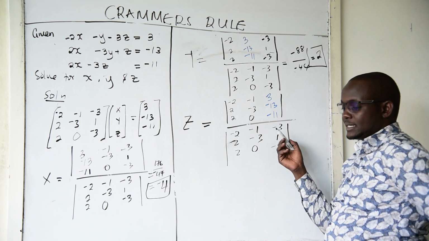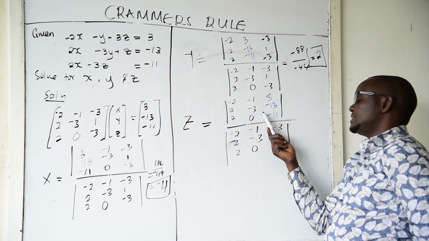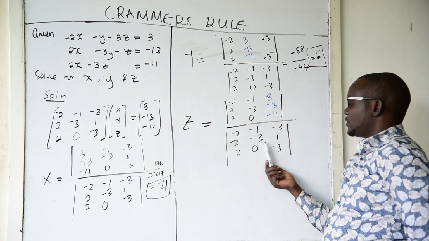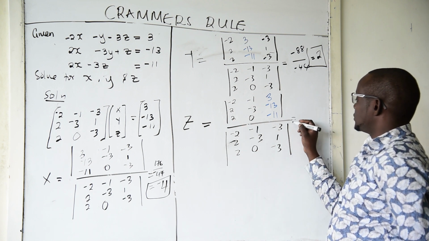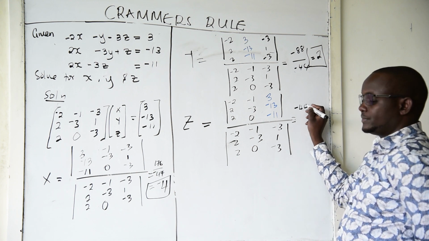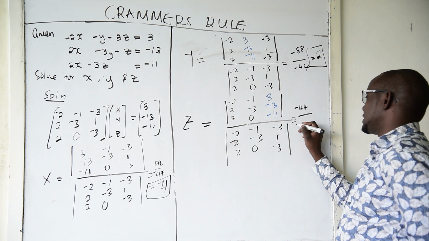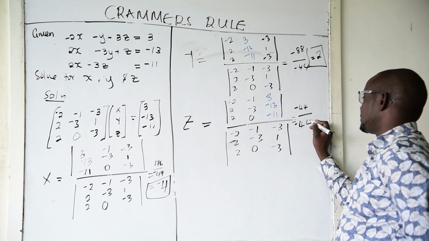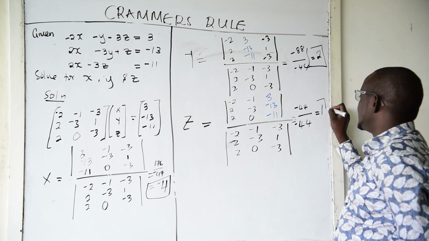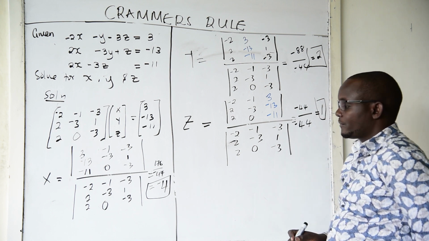If you find the determinant of this matrix divided by the determinant of this matrix, this is what you shall get: negative 44 for this, and also negative 44 for this. You simplify this, you find z is equal to 1.